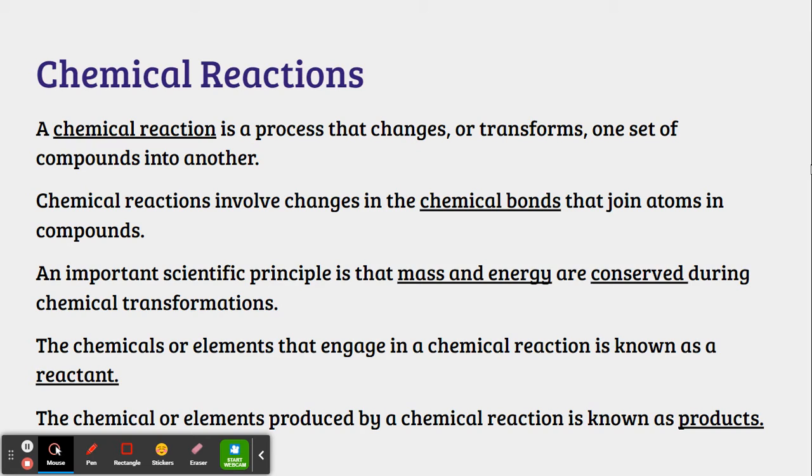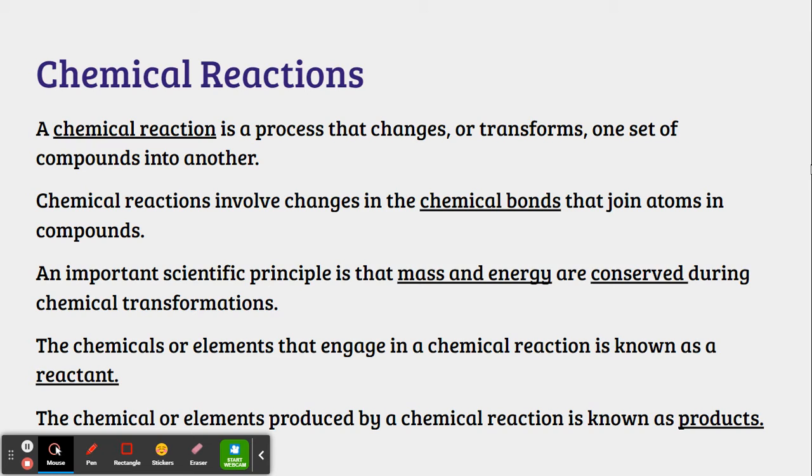And so the first part of this concept is understanding what a chemical reaction is. That is a process that's going to change or transform one set of compounds into another. This involves changing the chemical bonds that join the atoms in that compound.